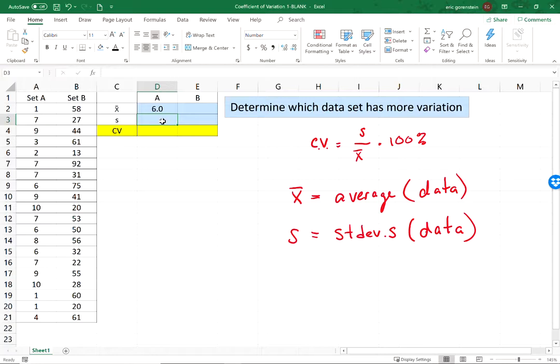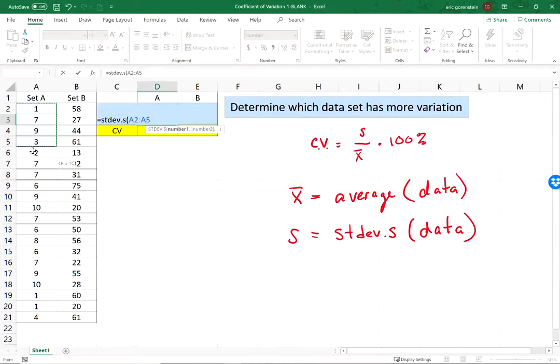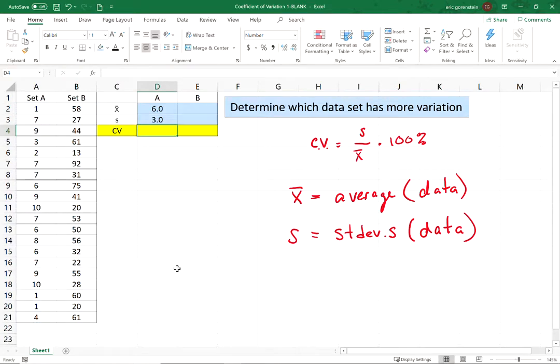And for the standard deviation of set A, we're going to use equal STDEV dot S, open the parentheses, and the location of the data, which is again A2 through A21. So set A has a mean of 6 and a standard deviation of 3.